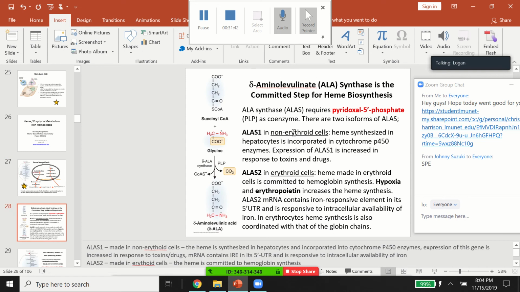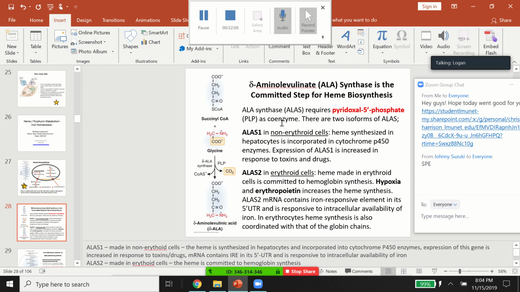But anyway, on to this next part here. ALA synthase is the committed step for heme biosynthesis. I include this slide mainly because it mentions once again PLP. So ALAS requires PLP as a coenzyme. So make sure to always know what PLP is used with.